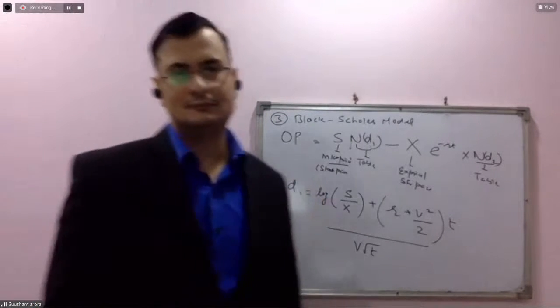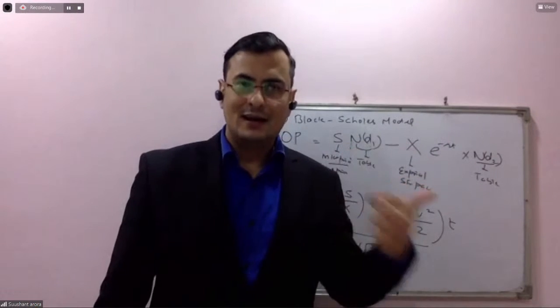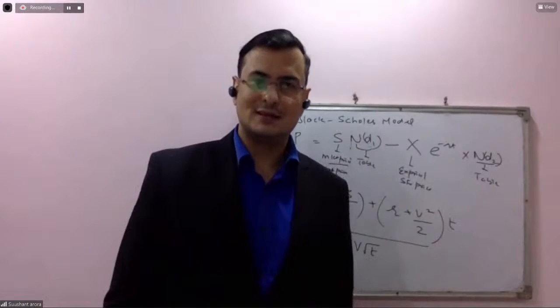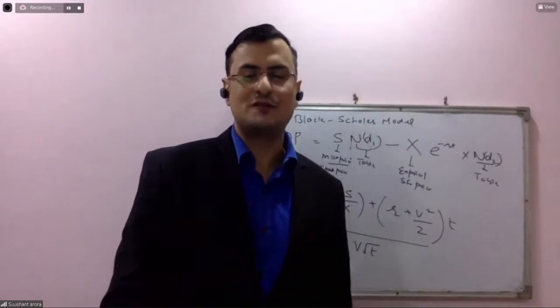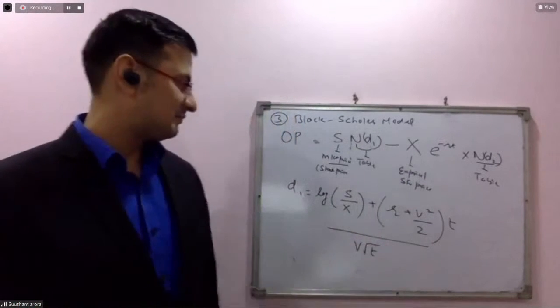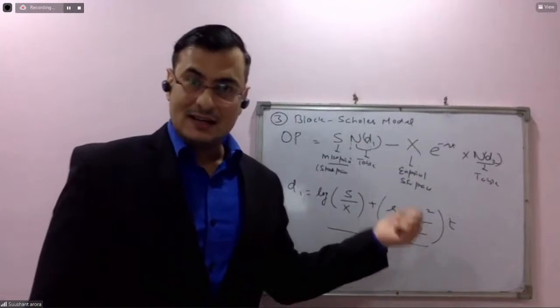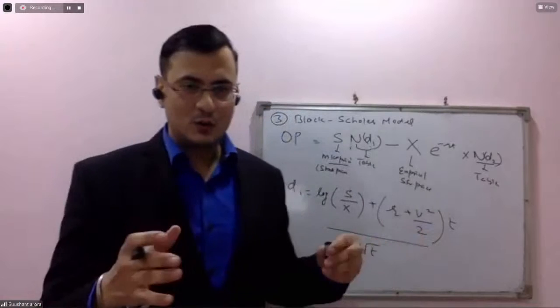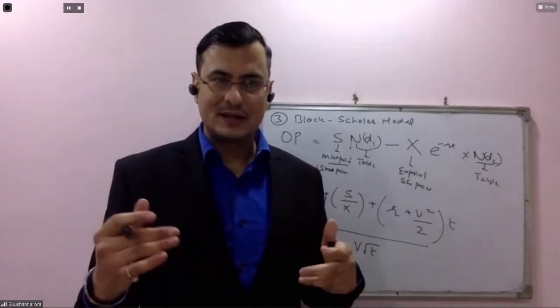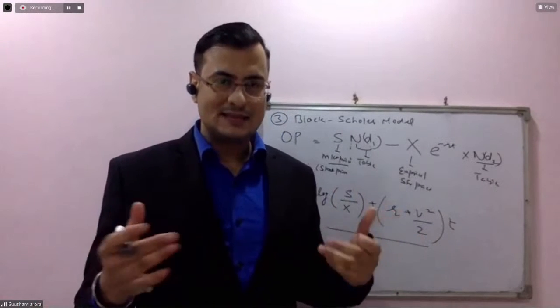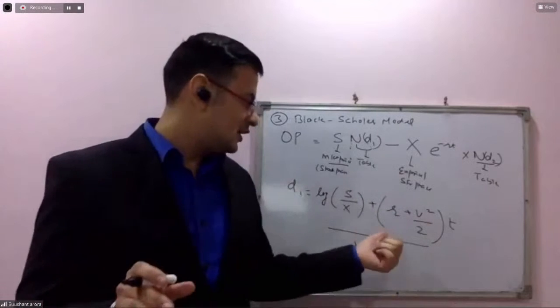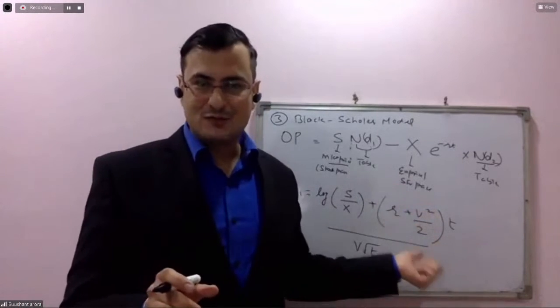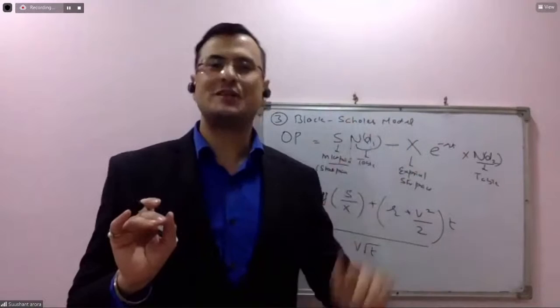Sometimes even I forget, being a teacher, so I can understand the situation of the students. I was preparing for my ACCA exam, I'm already a qualified ACCA, and in those exams this formula is given in the question paper itself.